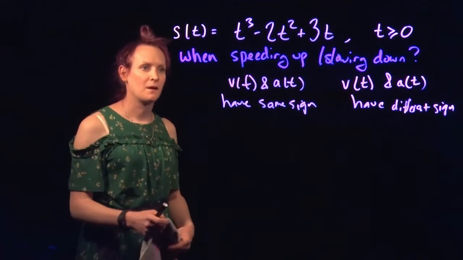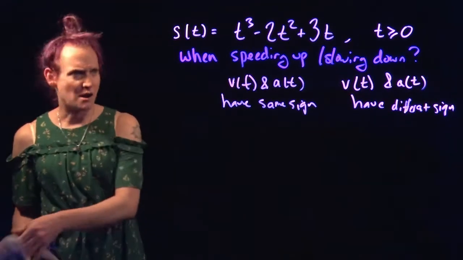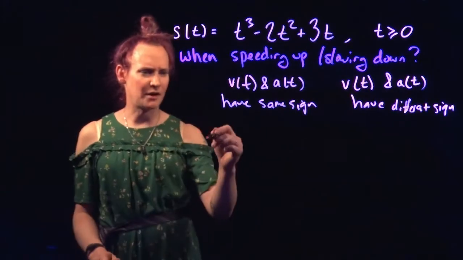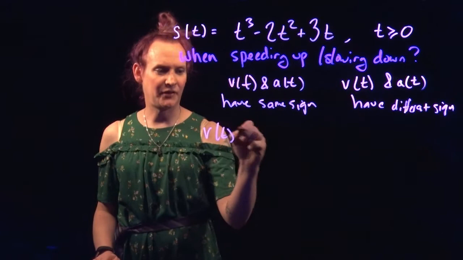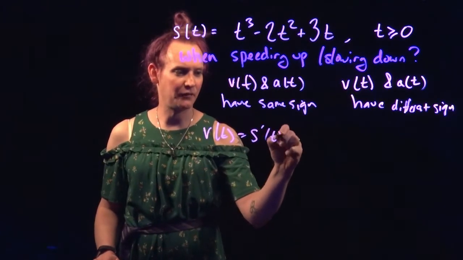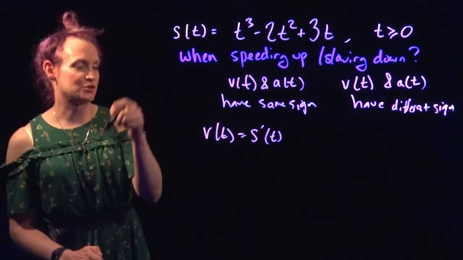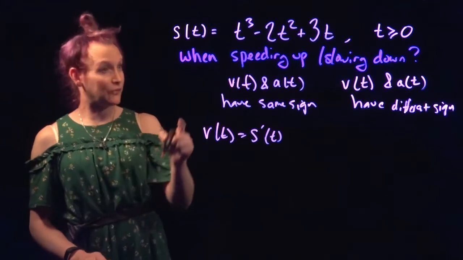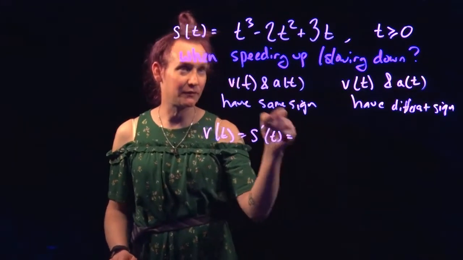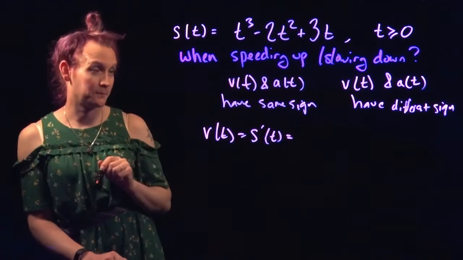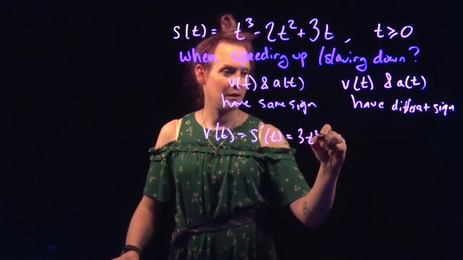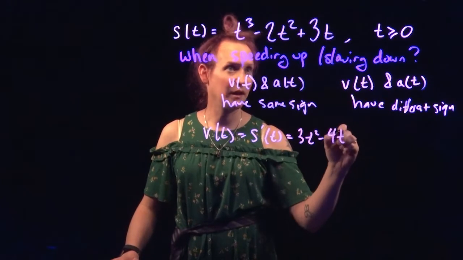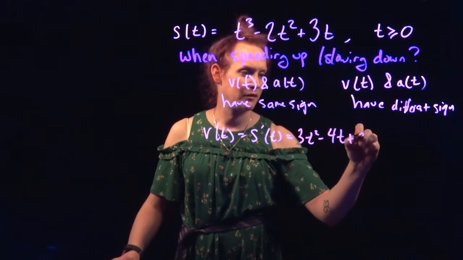Okay. Let's compute the velocity function v of t. That's equal to s prime of t, because this is the position. So we'll take the first time derivative of this expression right here: 3t squared minus 4t plus 3.